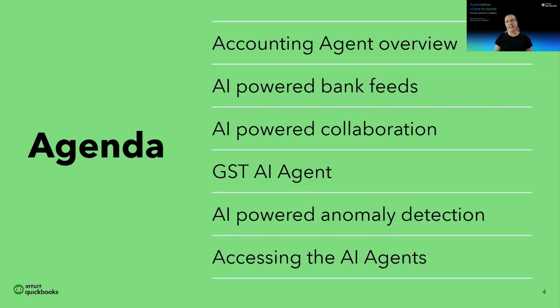I'll then show you the Accounting Agent AI-powered anomaly detection and how to access these agents. By the end of the session, you'll have a clear understanding of the AI-powered bank feeds, AI-powered collaboration, AI-powered anomaly detection, and GST AI Agent, and how these new features will give you less stress, more automation, and more control.